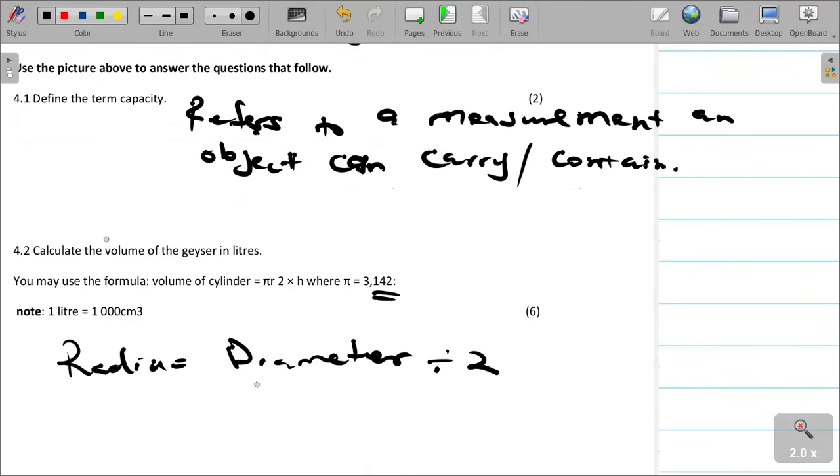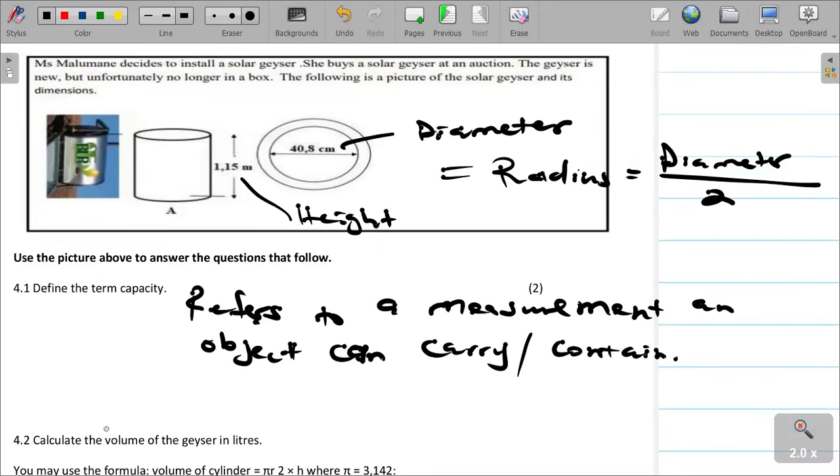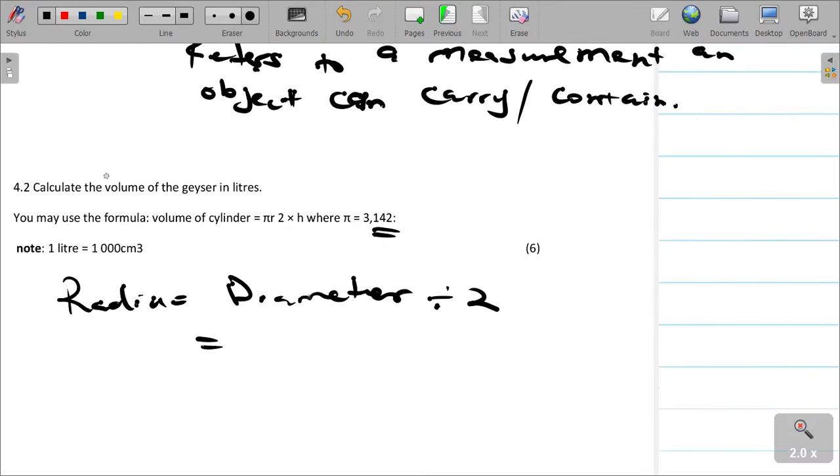That is 40.8 divided by 2, and then we get 20.4. So 20.4 centimeters is equal to our radius.